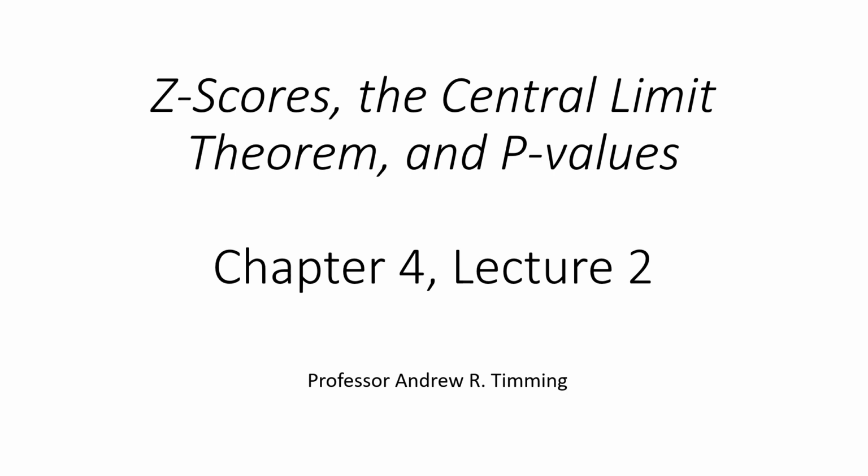So just a very brief recap of lecture 1 for chapter 4. In the previous lecture, we introduced the concept of the normal curve, also commonly referred to as the bell curve. And we talked about some of the, let's say, geographical features of that curve.